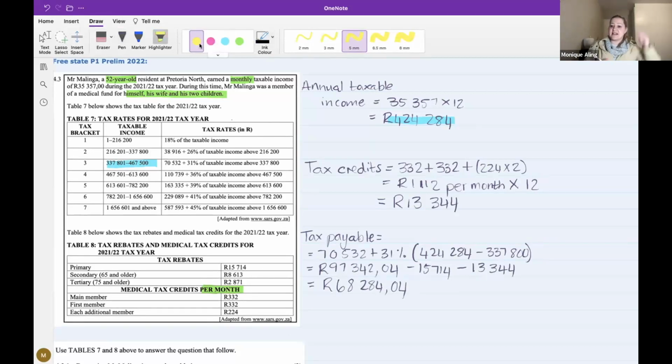Okay, so the key thing with medical tax credits is working out all the amounts for the members added together, we times by 12. Then we use that amount again. Whenever we minus rebates, if there are medical tax credits involved, we also minus it in this step.